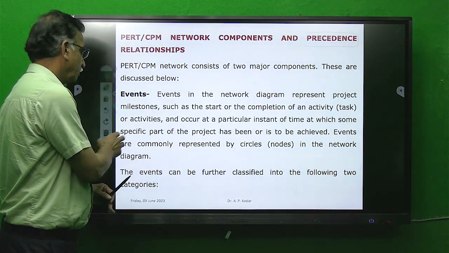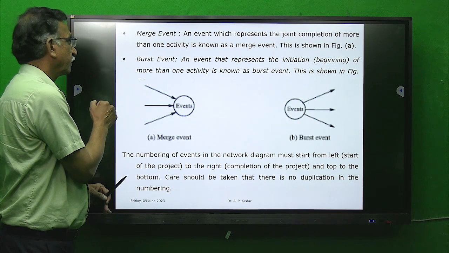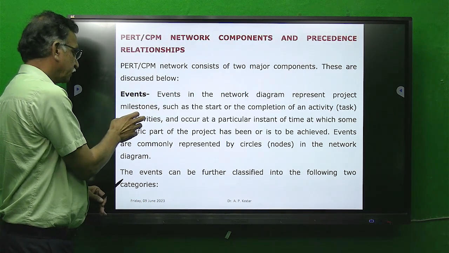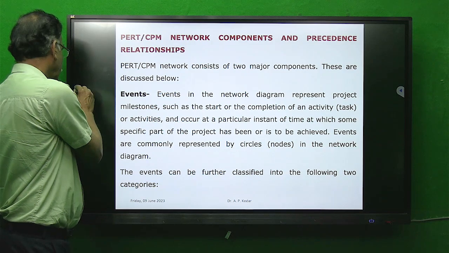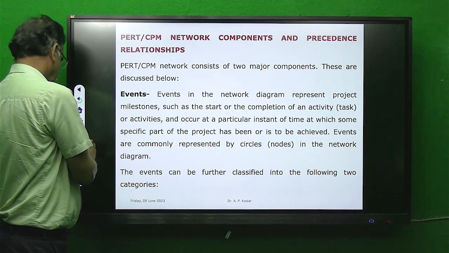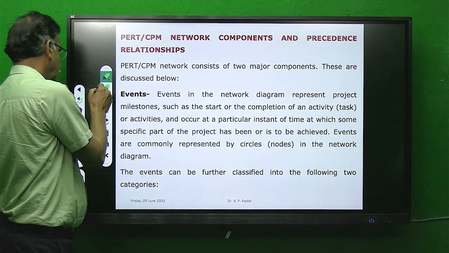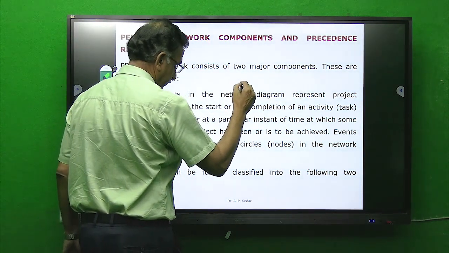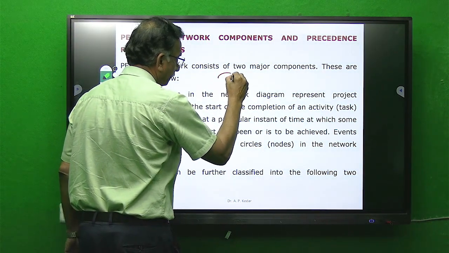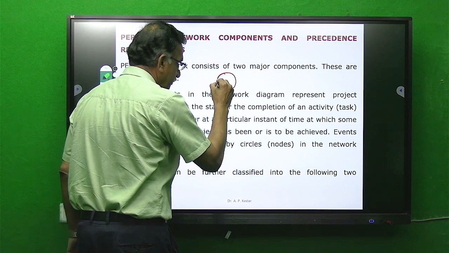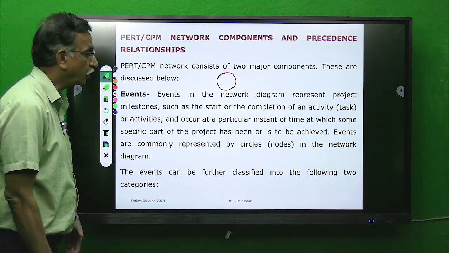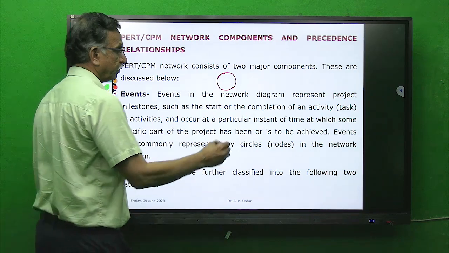So going further, an event is represented by a circle. It is also called a node, N-O-D-E.